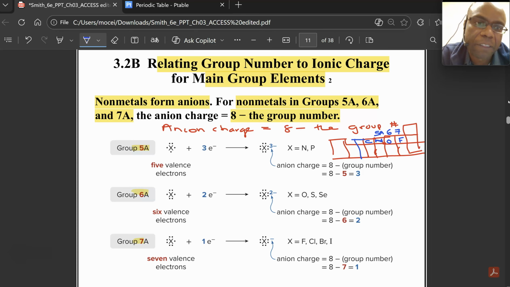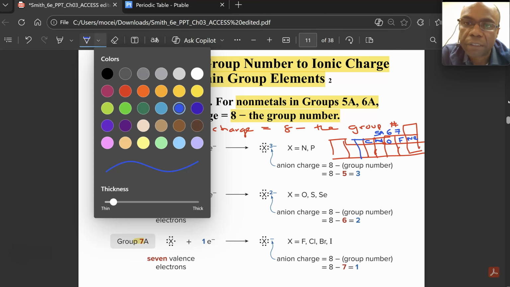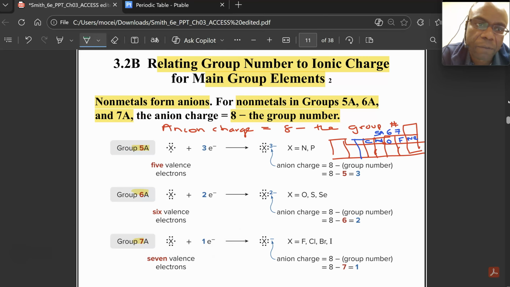Focus on nitrogen. Right out here we have neon. The question to you is, how many steps do we have to go from group 8A to 5A, from neon to nitrogen? 1, 2, 3 steps. See that? So I can tell myself that nitrogen by default should be N3 minus because we went 3 steps from the noble gas.